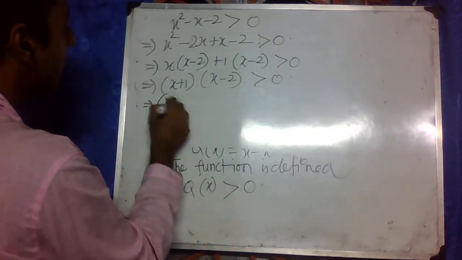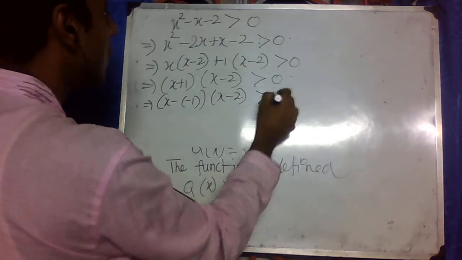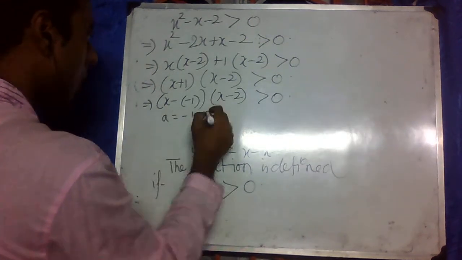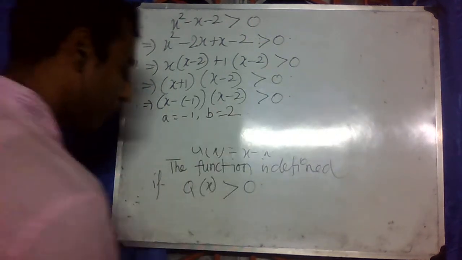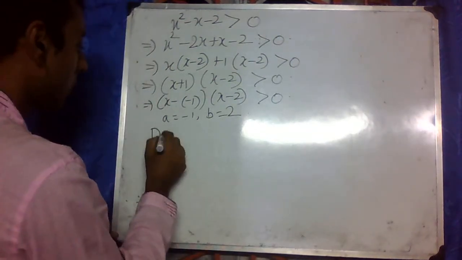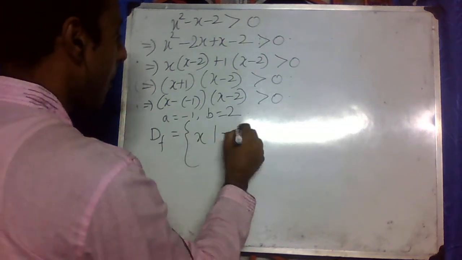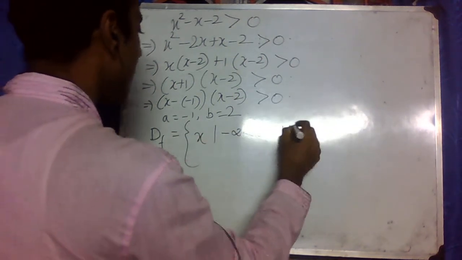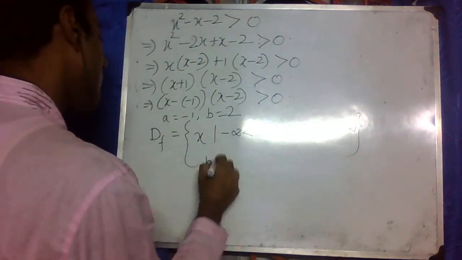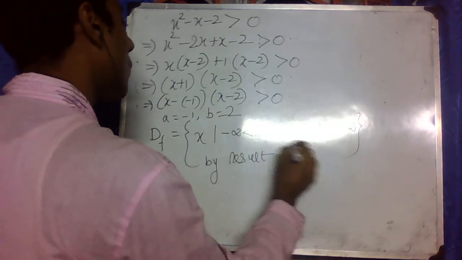Now this is x minus of minus 1, so a is minus 1, b is 2. Domain is minus infinity to minus 1 union 2 to infinity, by result 4.